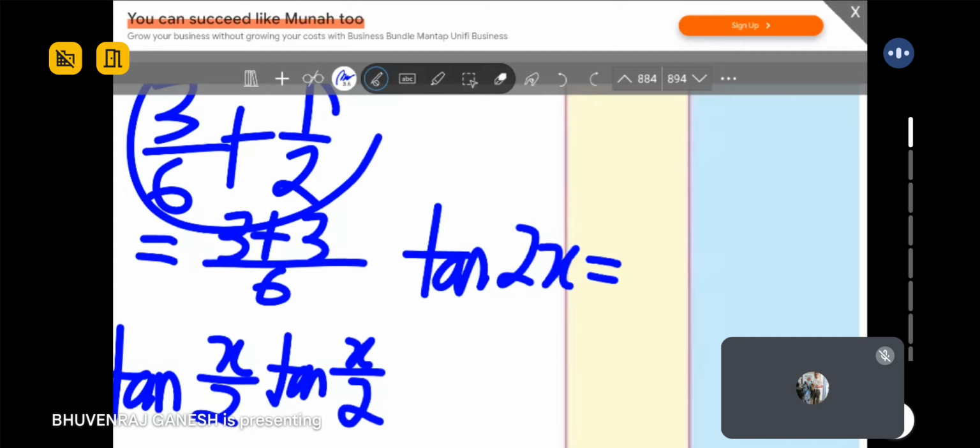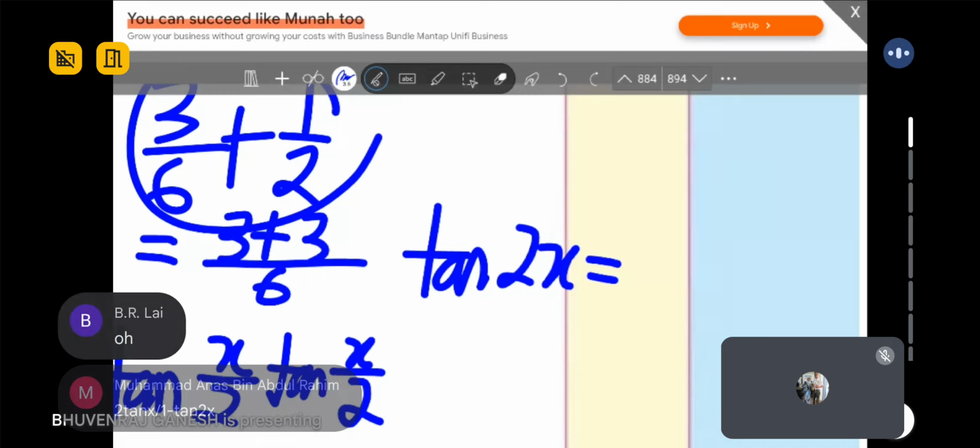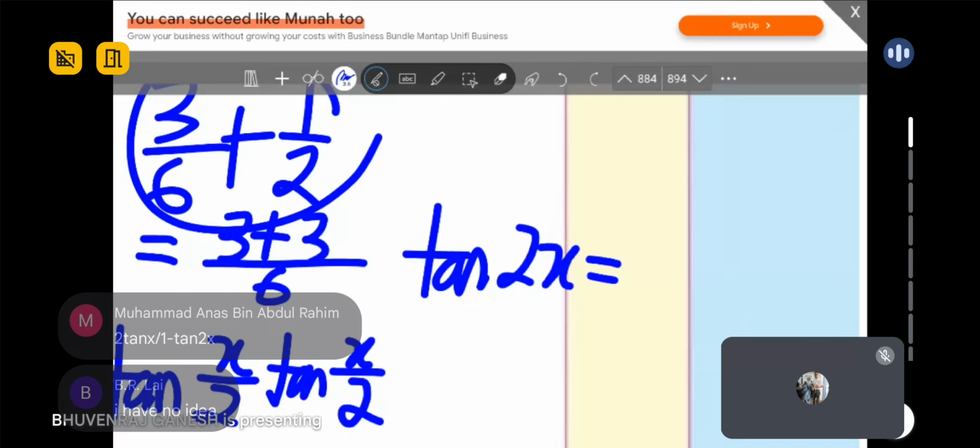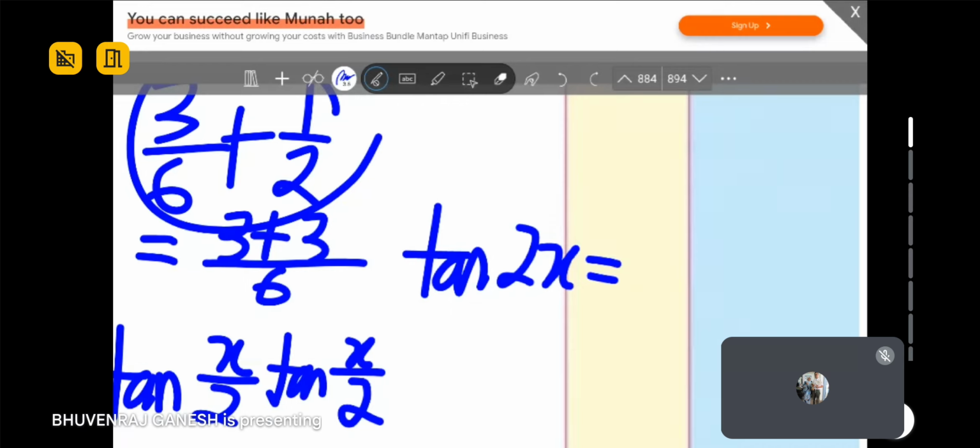Yang tu diberi kat depan. There is one formula, tangent 2x. Wait guys, I search and see. Tangent 2x identity.